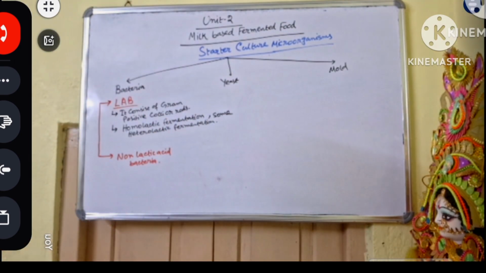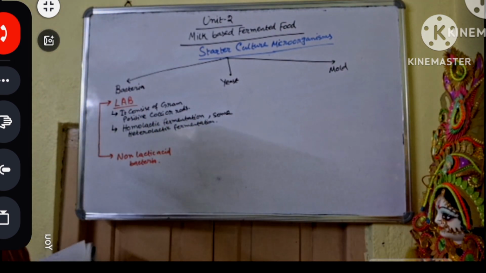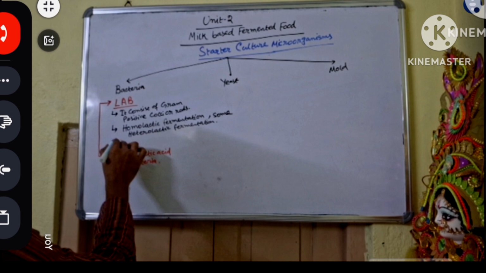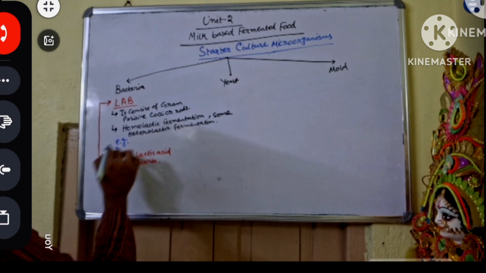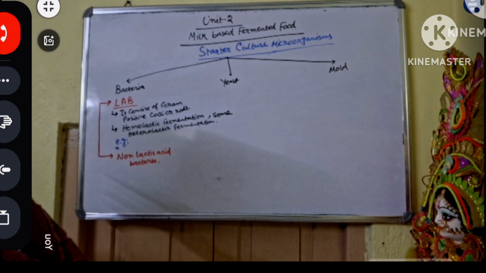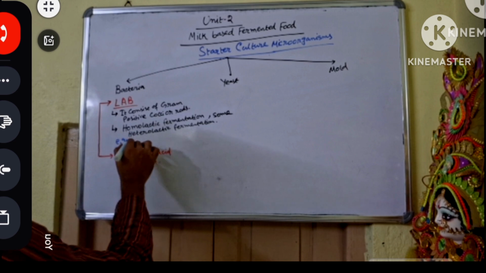Examples of some LAB: Lactobacillus, a famous genus for any type in the food industry.